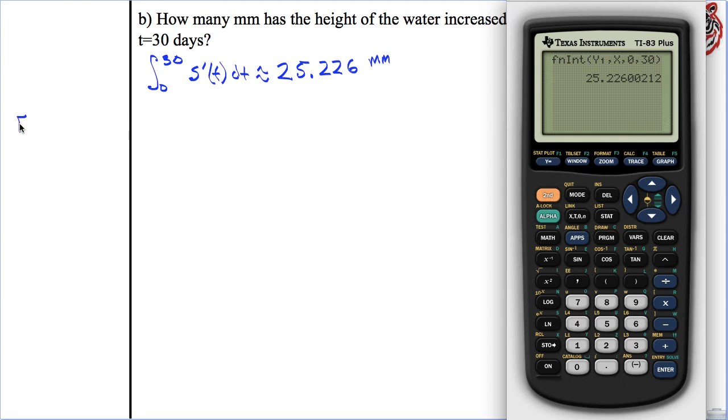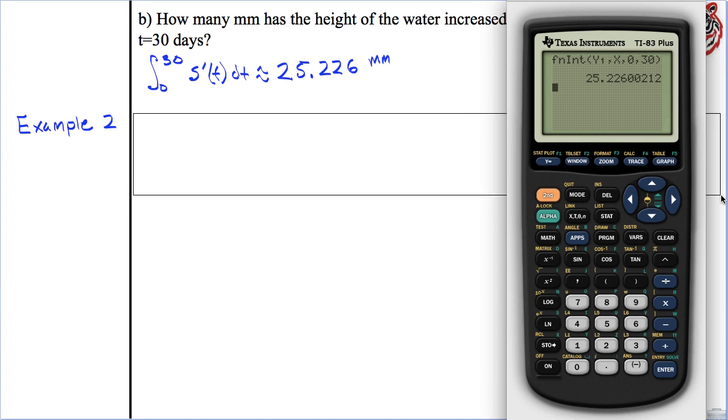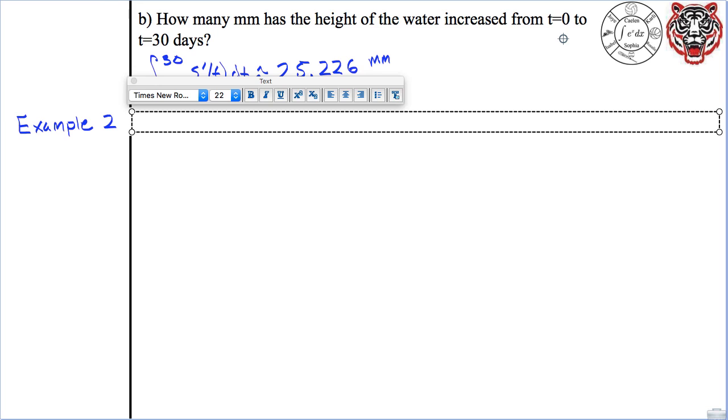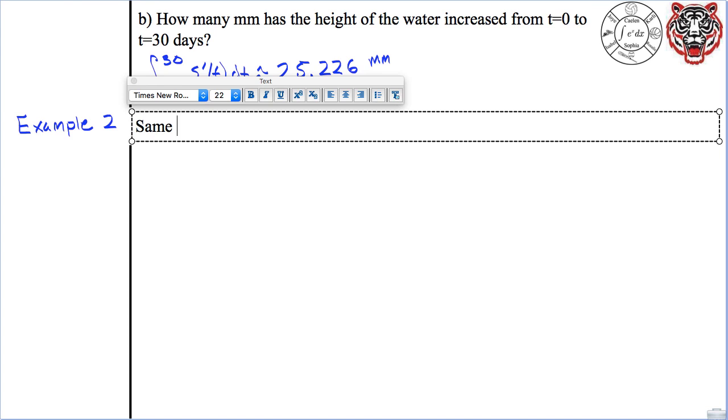All right, so let's talk about our second example. So example 2. All right, so this is going to be same info as our notes from notes 8-1, and now we're on number 2.